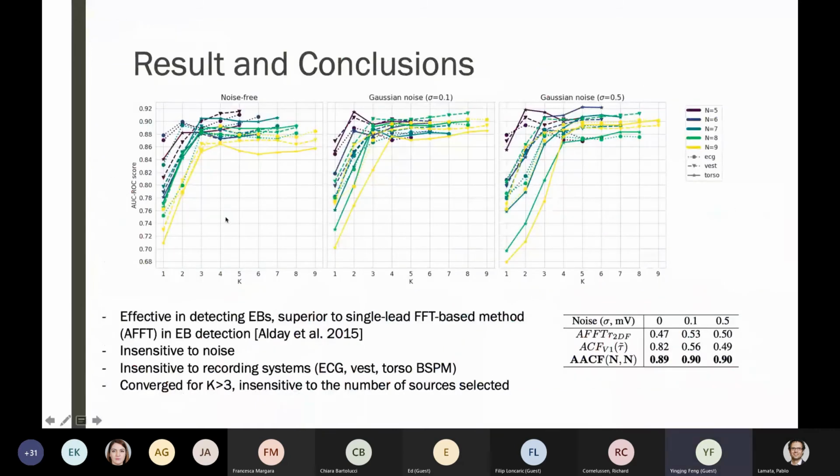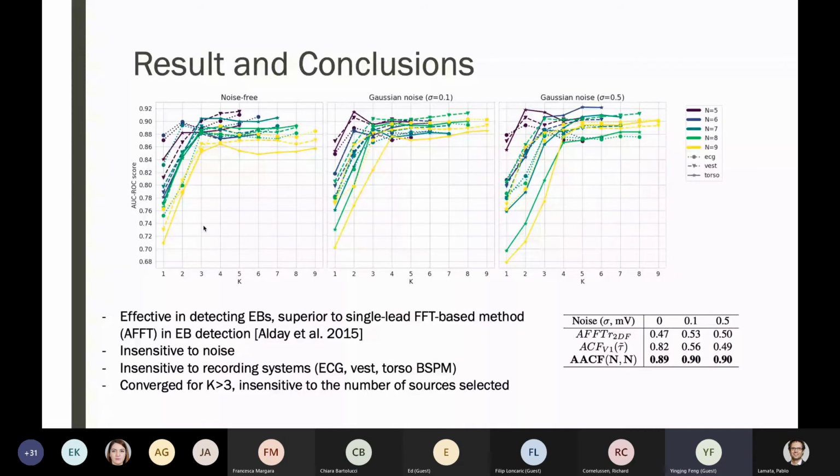And the results show that this is resistant to different noises, and it also is insensitive to different recording systems, no matter if it's ECG or VESC or torso ESPM.